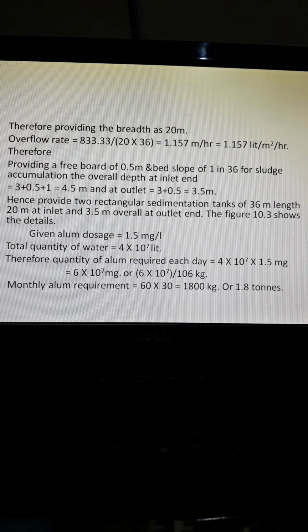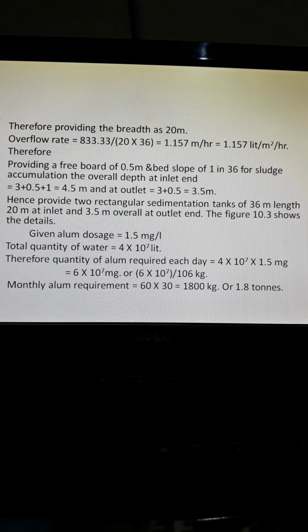So next thing is we will have to calculate the requirement of alum per month, for which the dosage is given as 1.5 milligram per liter, that is for every 1 liter we need to add 1.5 milligram of the alum to the water as the coagulant. Therefore, total quantity of water treated per day is 4 into 10 power 7 liters.